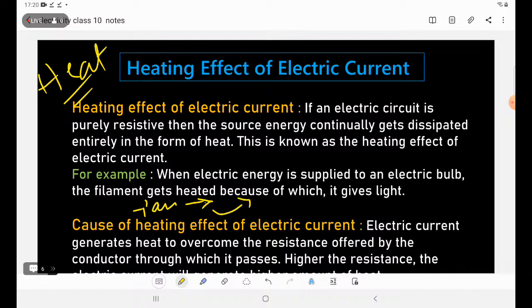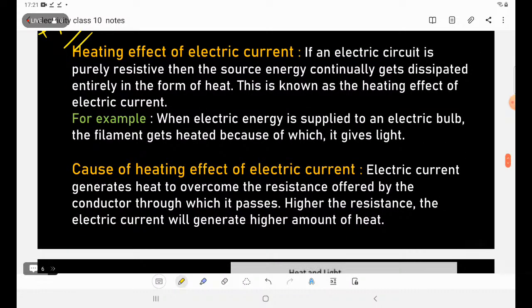So it's used in two ways, one in the form of heat and another in the form of useful work. The energy that is used as heat will make the device warm or hot. So this is nothing but the heating effect of current.